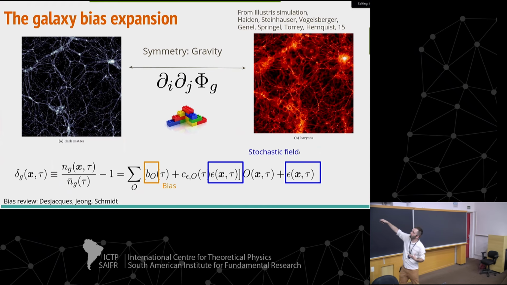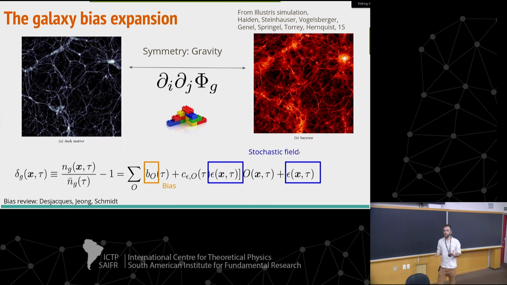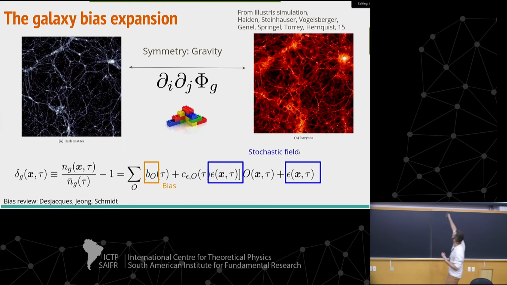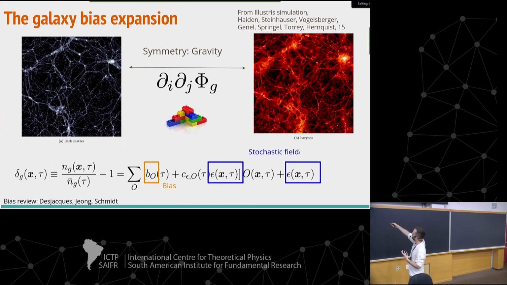So we don't exactly observe dark matter itself, but we observe tracers of dark matter. And again, we can use the symmetries of the problem. The symmetry here is GR, which states that everything should come as two derivatives of the gravitational potential, phi g, to relate both things. So to relate how delta G, the galaxy density field, relates to matter, we can use the symmetries of the problem.